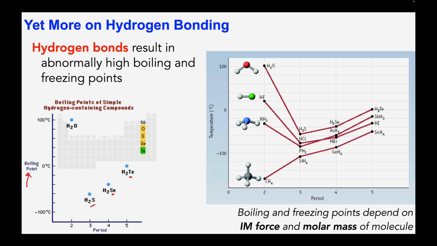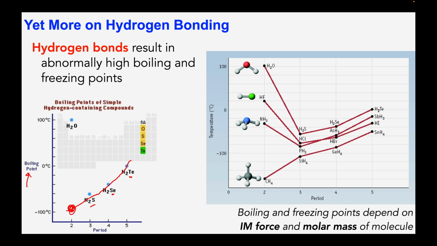So oxygen is a smaller molar mass than sulfur and selenium. If you look at this graph, you would expect water's boiling point to be maybe right there, like -100. But as you probably know, water boils at positive 100 degrees Celsius. So that's 200 degrees higher than what you would expect based on just the molar mass.